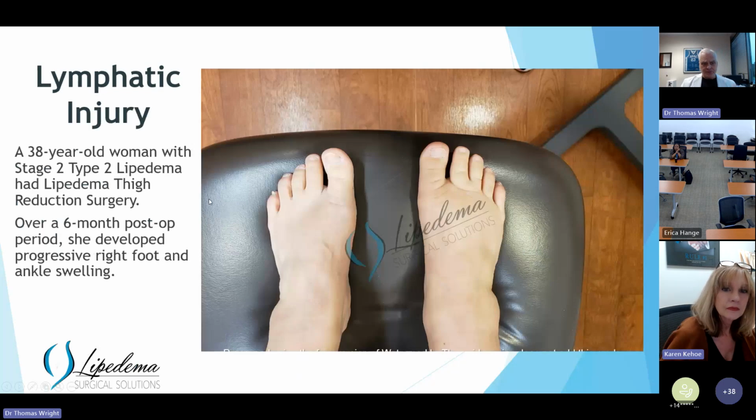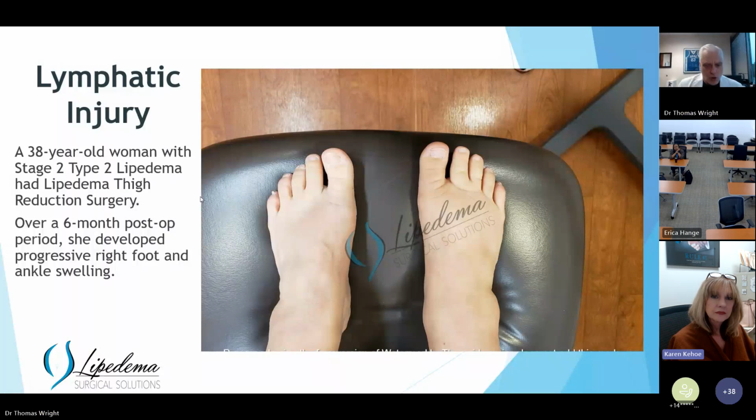So we published a paper, Dr. Herbst and I, on some lymphatic injury that occurred after liposuction on women with lipedema. This is a 38-year-old woman with lipedema who developed lymphedema after her surgery on her thighs.